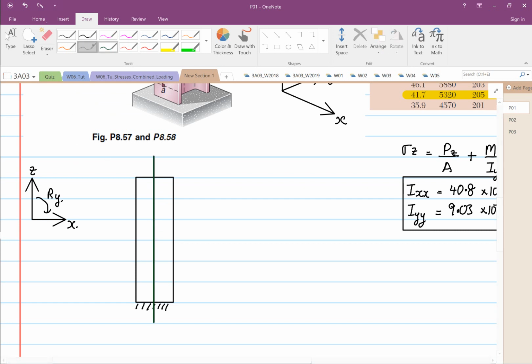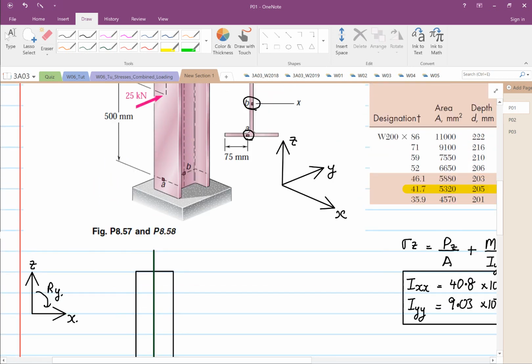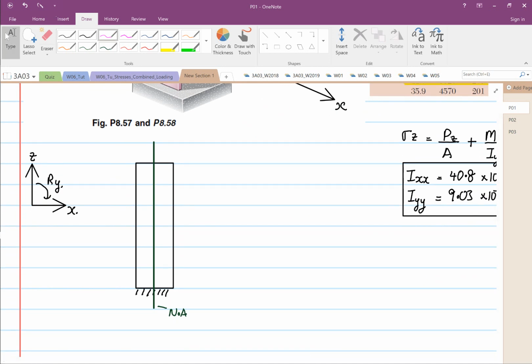Okay, so this is our neutral axis, and you sketch out your element. So 75. Okay, so this is our element. Sorry, so there is our element A, and this is our element B. Okay, so I'm going to call this EL B, excuse me, and this one is our EL A, element A.